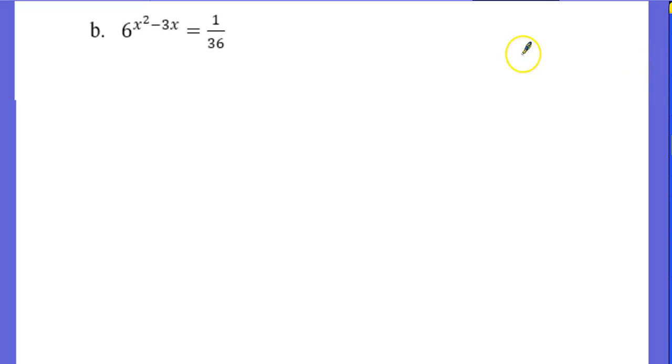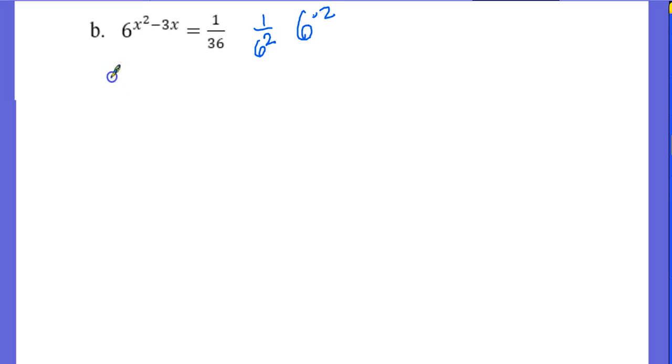So I ask, can I make 1/36 base 6? Yes, because you know 1/36 is the same as 1 over 6 squared, and if I want to move that to a base 6, I have to push it to the numerator, so it's a negative 2 exponent.